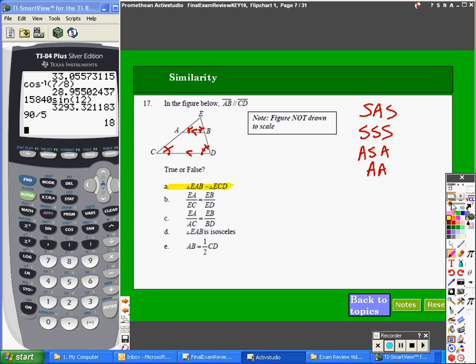All right. Let's move on to the next one. They want to know, is EA over EC equal to EB over ED? And so this is basically comparing parts of the triangle. It's a proportional statement, and we need to decide if they put the right letters in there. So they want to know if EA, this side, over EC, this side, goes with EB, this side, over ED, this side.